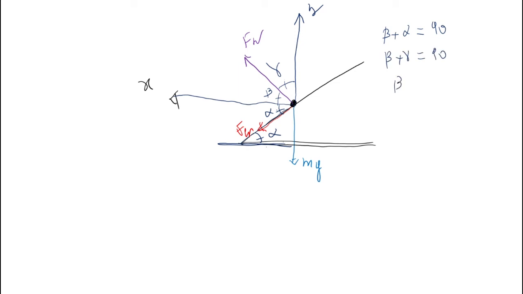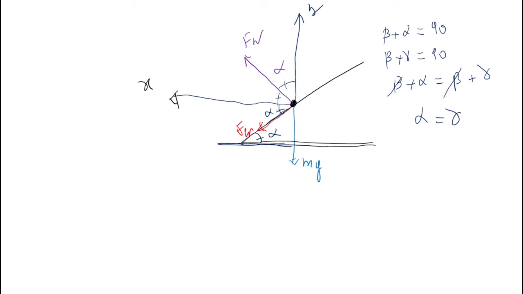So beta plus alpha equals beta plus gamma, and alpha is gamma. That means this angle here, which we call gamma, is also alpha. Why am I looking for these angles? Because I need to find the direction and the magnitude of the forces Fn and friction force on the x and y axes.